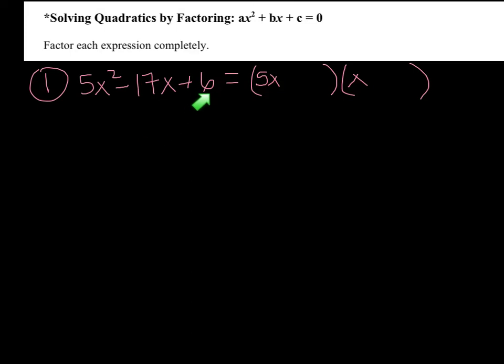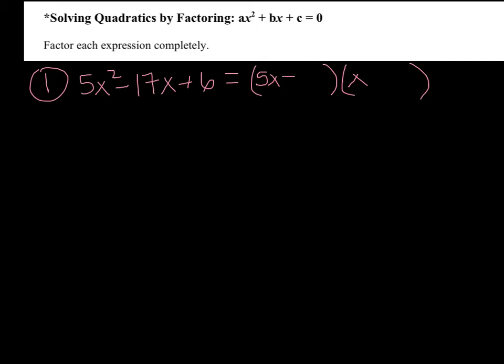I have to multiply to positive 6 for my last terms, but they have to add to negative 17. So that's where this leading coefficient comes in. This is going to be multiplied by whatever I put out here in the farthest position. And whatever I get for that product is going to be added to this inside product, and it has to give me negative 17.